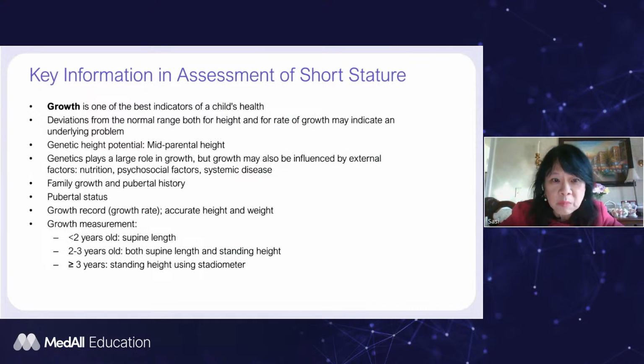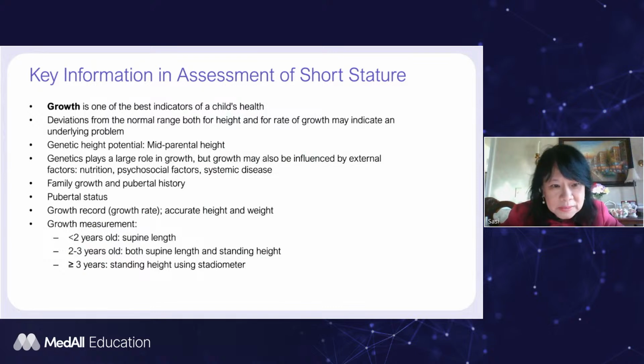We also need to make sure that we get accurate height and weight measurements, because inaccurate height measurement can cause interpretation errors. In young children less than 2, we do supine length, and in those older than 3, we always do standing height using a stadiometer.